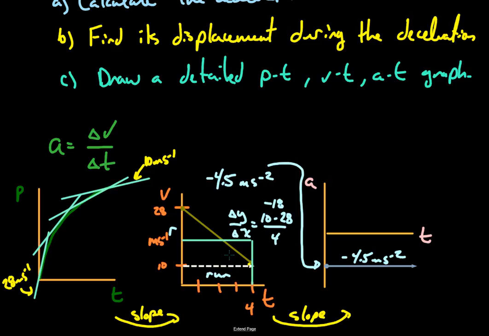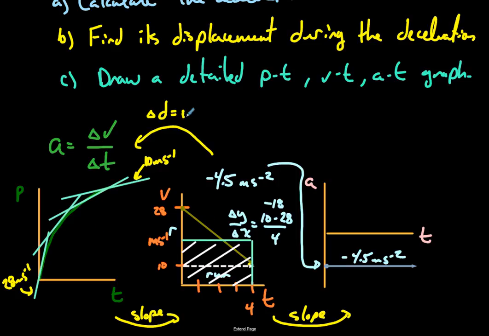The area under this block has the same area as this triangular, half house shape. If we find this area, we should be able to find the distance covered. This is okay because, as we talked about last time, the area under a velocity time graph gives us delta d.